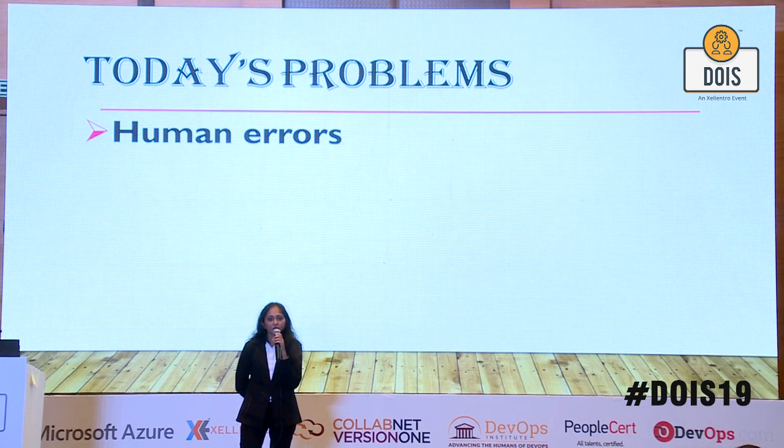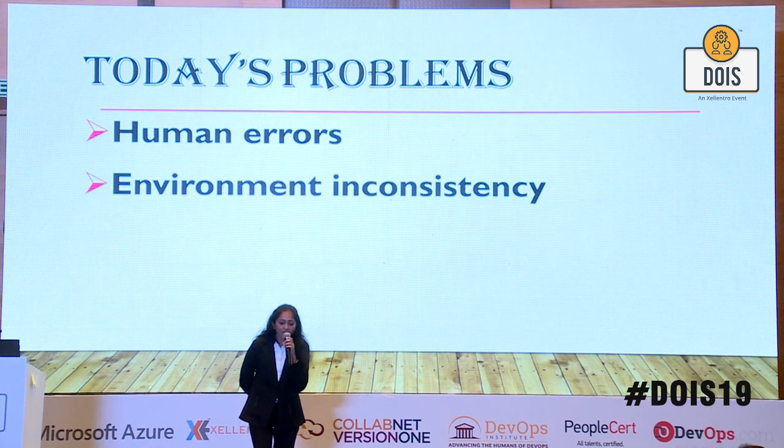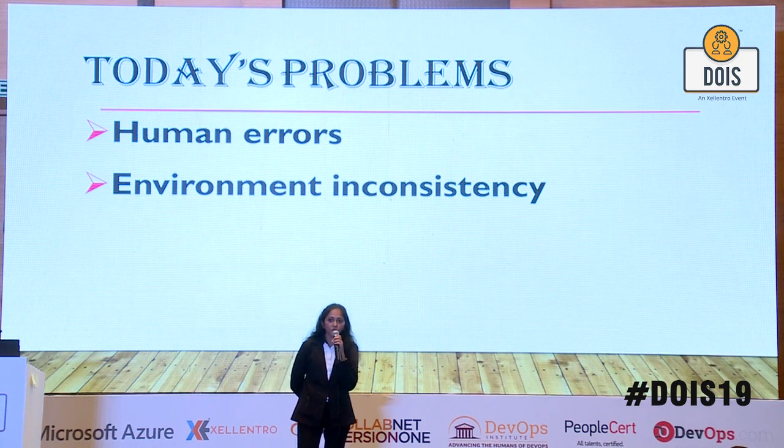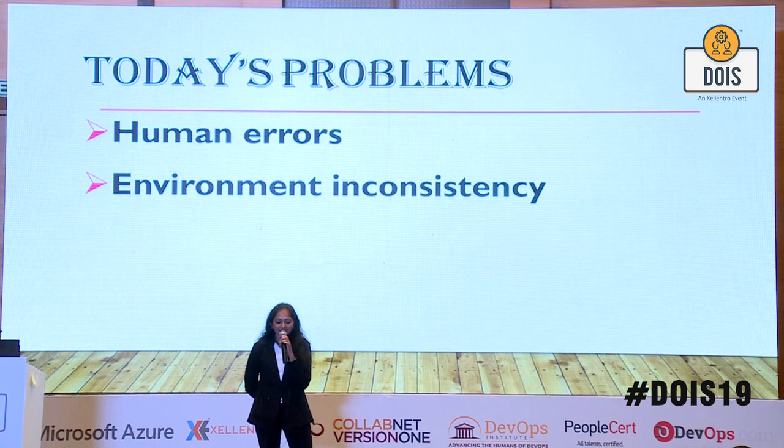Fixing these issues is a tedious task; basically, identifying the issue is tedious. The second one is environment inconsistency. When code works in one environment and doesn't work in another, a lot of effort is spent on identifying the issue. I'm sure these are challenges we face every day, and nobody can deny it, right?